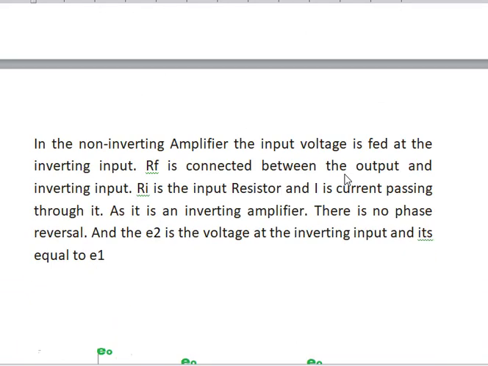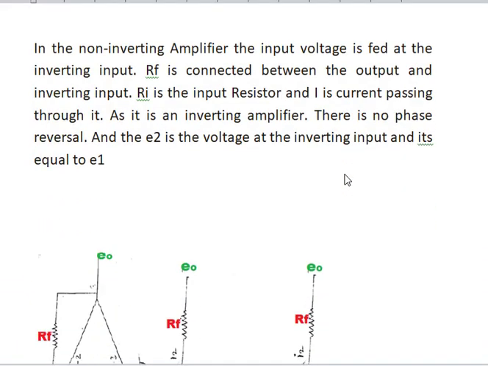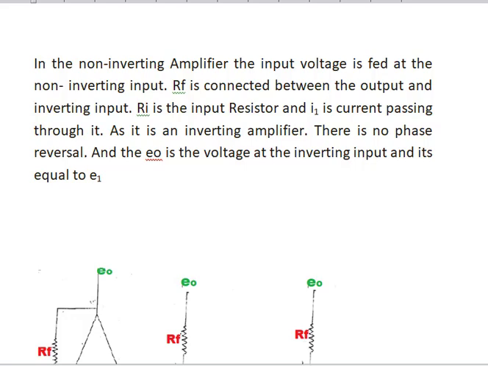Now the input voltage is fed to the non-inverting input. In this non-inverting amplifier, the input voltage is fed at the non-inverting input, and I1 is the current passing through the input resistor R1, and it has no phase reversal.